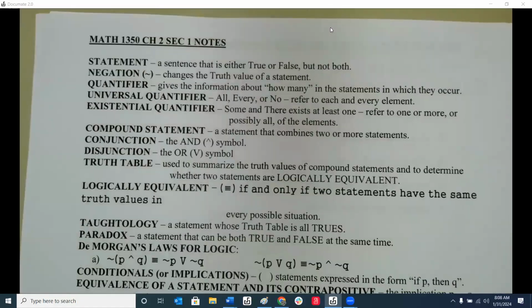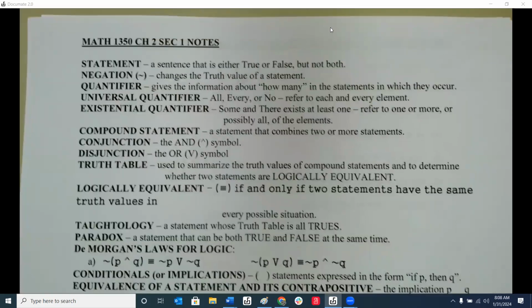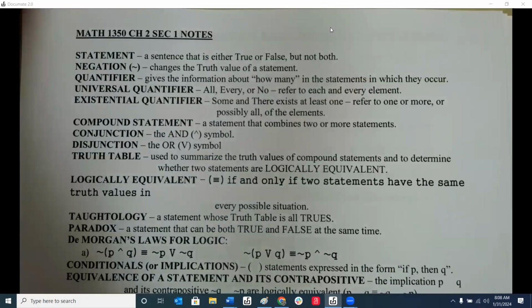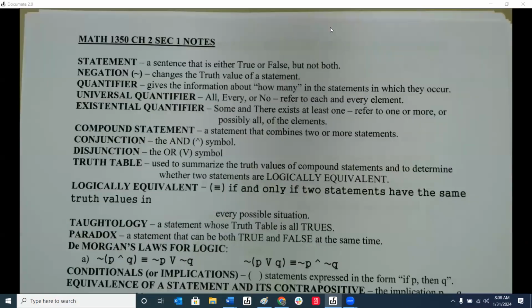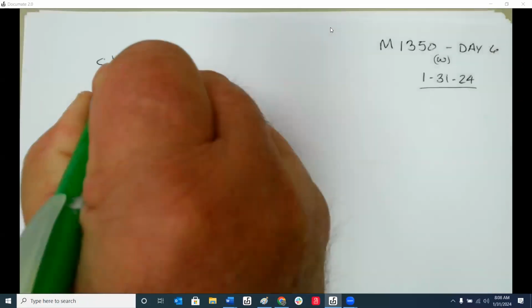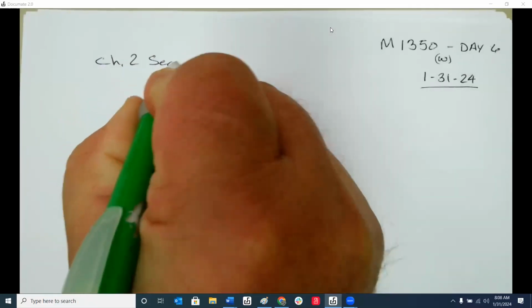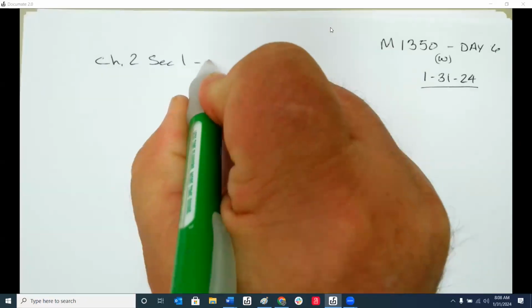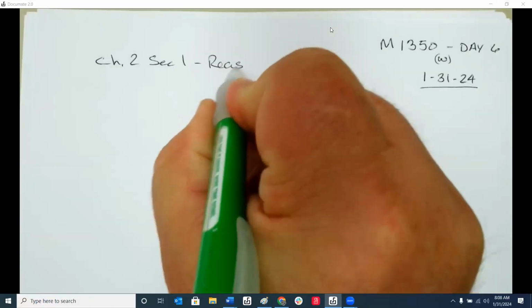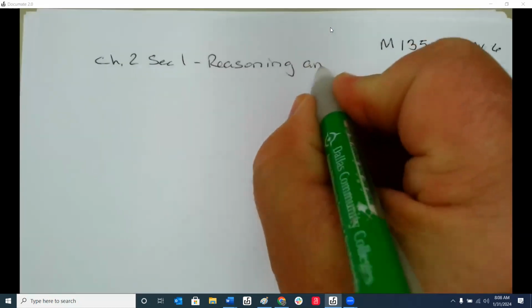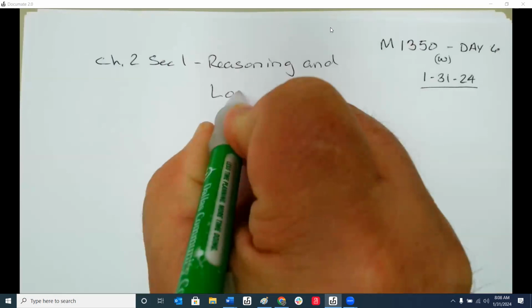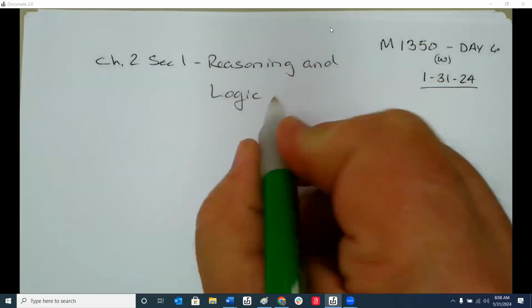Okay, so we see in the first set on the first page. Let me tell you what the objectives are for this first section. This first section is called, this is chapter 2, section 1. Reasoning and logic.